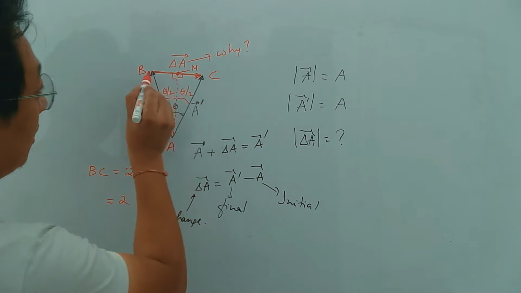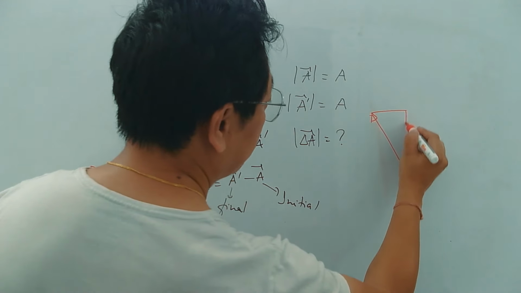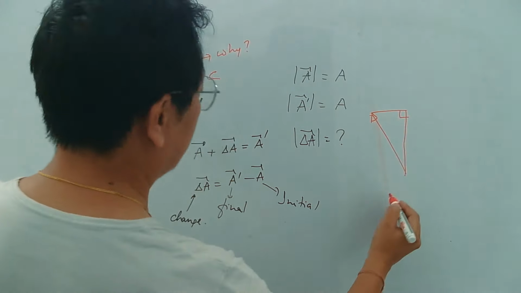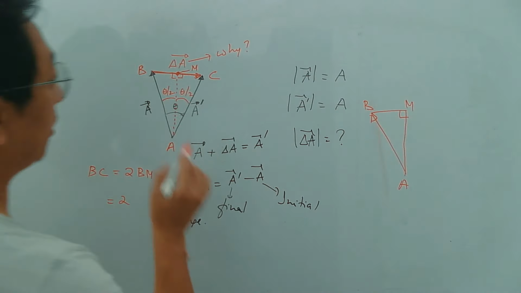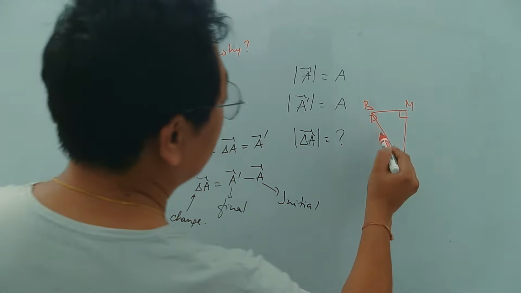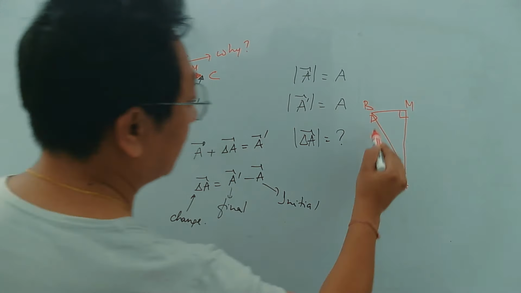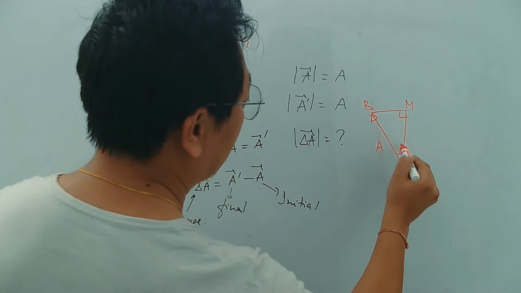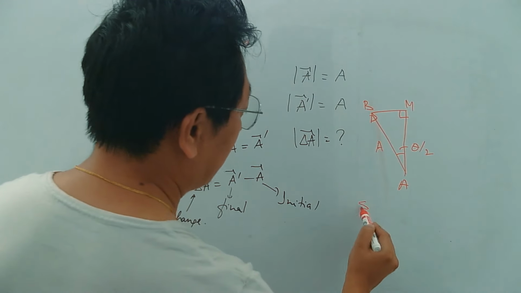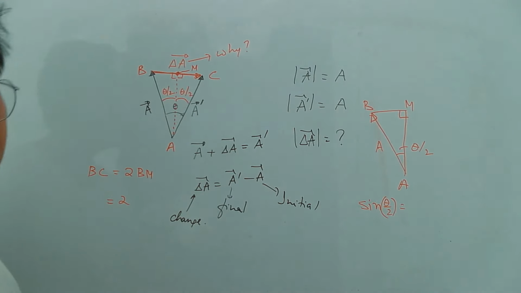Now what is this BM? If you look at this triangle separately here, this is A, this is B, and this is M, the midpoint of BC. This whole length is the magnitude of a bar, which I wrote as a. This angle is theta by 2. So if I write sine theta by 2, then you know sine is opposite by hypotenuse.